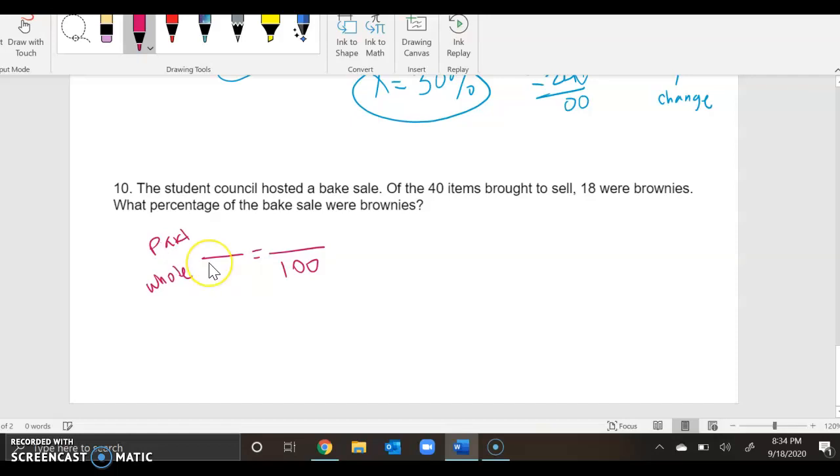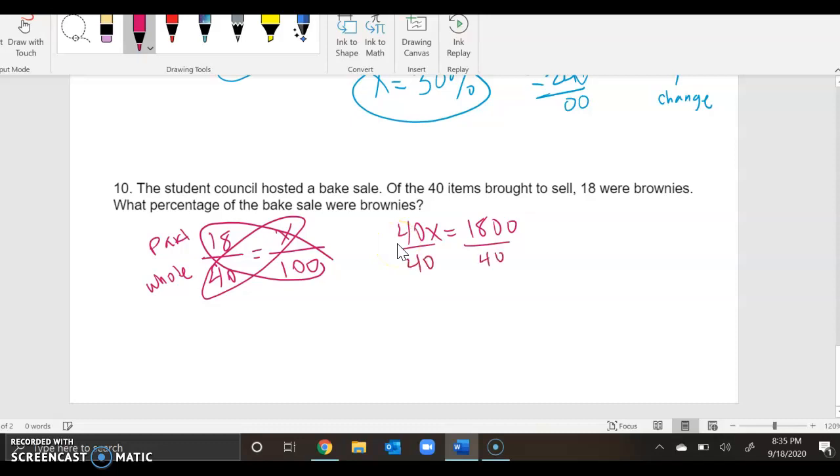There were 40 total items in our bake sale, and 18 of those items were brownies. X will go over 100 because we do not have a percent. Cross multiply 40 times X and 18 times 100. Then we need to get X by itself, so we're going to divide both sides by 40.